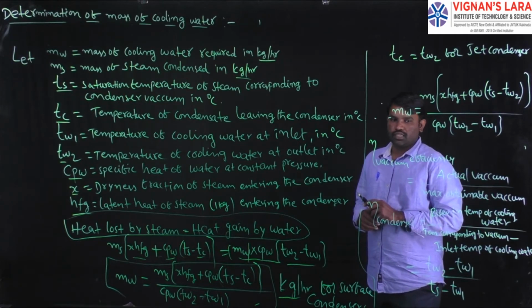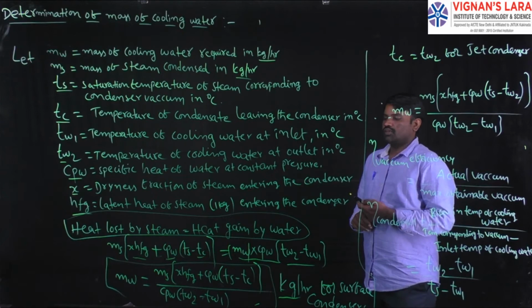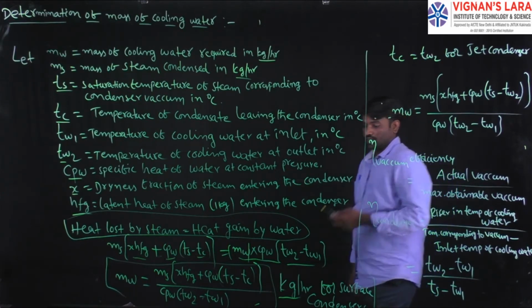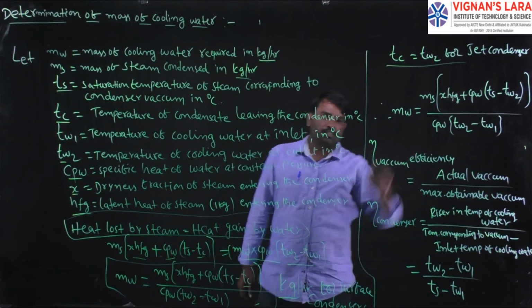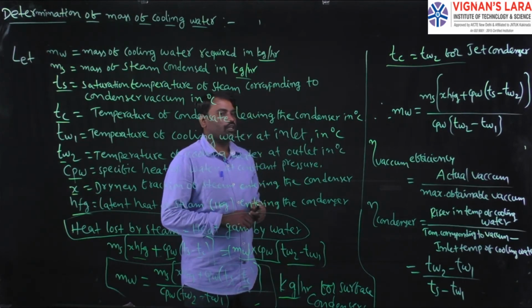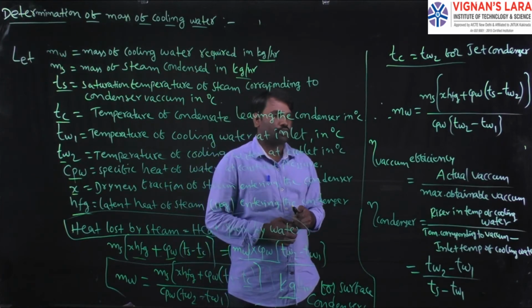In case of jet condensers, exhaust steam and cooling water mix together. That's why Tc is equal to Tw2. That happens in jet condensers. In case of surface condensers, Tc is not equal to Tw2.